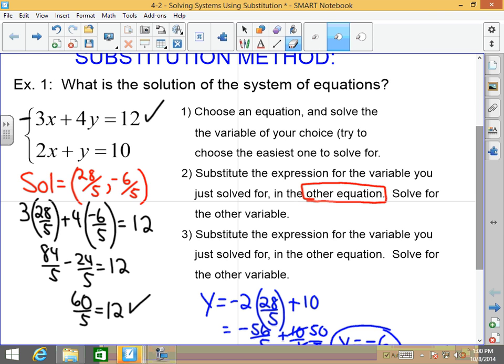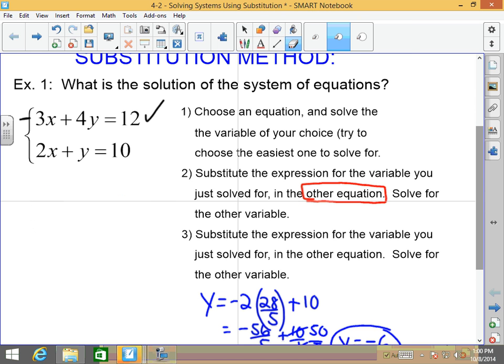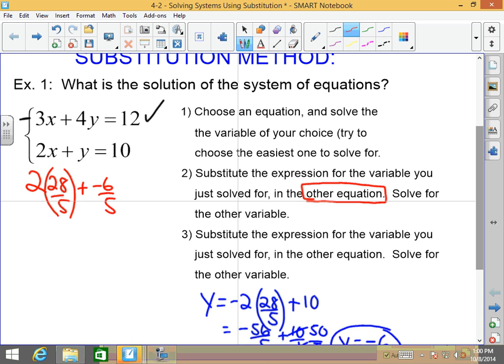Now we must test it for the second equation. It's 28/5 and negative 6/5. So 2 times x, which we said was 28/5, plus y, which we said was negative 6/5, will that equal 10? Well, 2 times 28 is 56/5 minus 6/5.